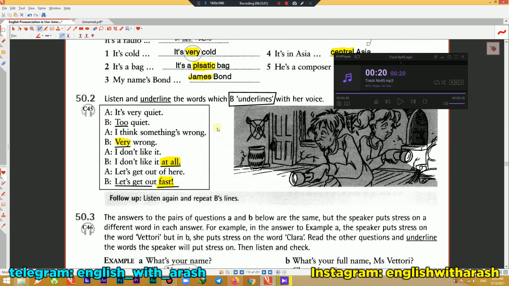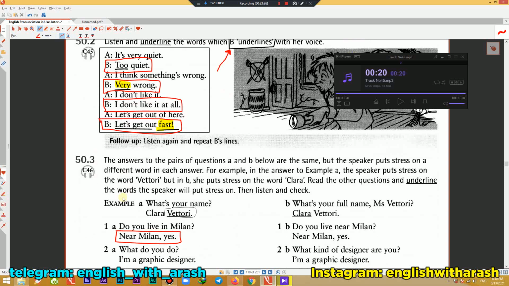But the question says you should just underline B, just for B. We just want to choose B and underline the words, because that's the question. It says don't do anything with A, just do the underlining with B's line, not with A's line. That's why we didn't do A, but yes, you can do for A too.